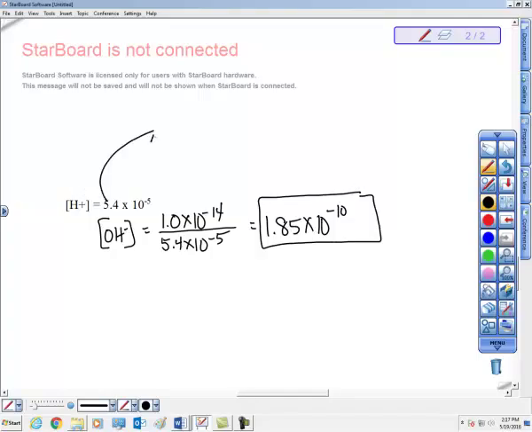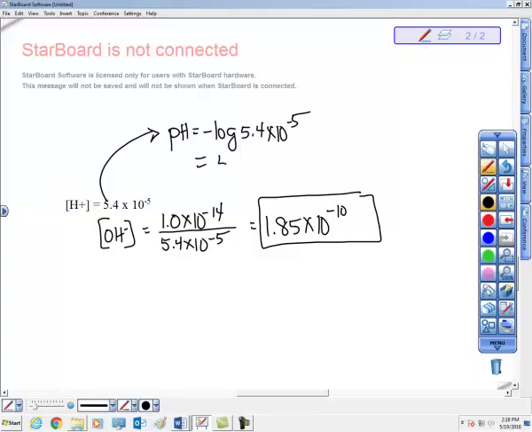Just to mix things up, let's come up here and get pH. I can tell you that my answer will be really close to 5. Do you see that power of 10, how it's got that negative 5? I know my answer will be close to that value. Here we go, negative log 5.4e negative 5.